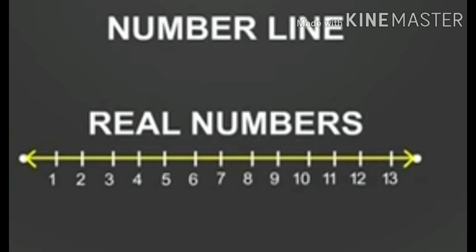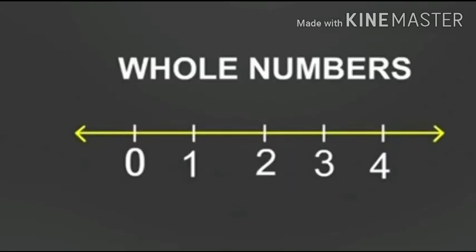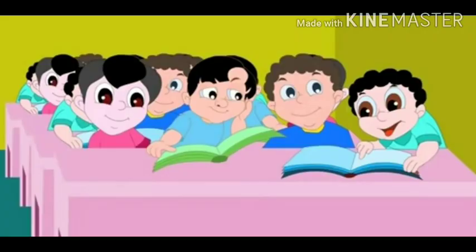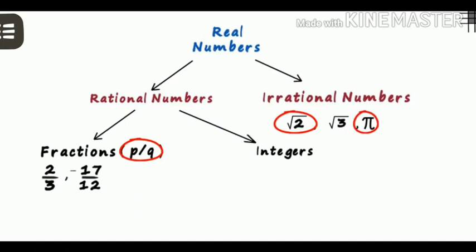So these real numbers are represented on the line. If we add 0 in natural numbers, then it becomes the whole numbers, that is 0, 1, 2, 3, 4. So natural numbers plus whole numbers does not include minus 1. Hence, natural numbers plus whole numbers form the real numbers.